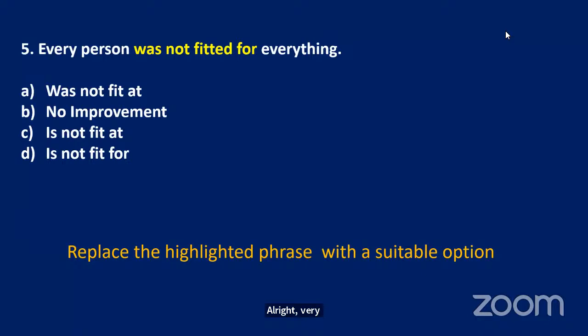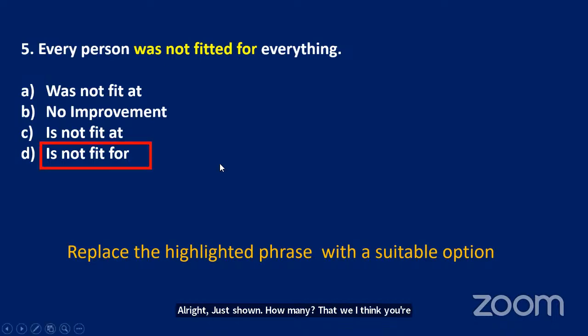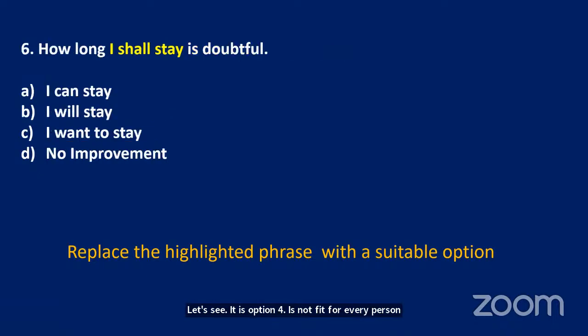Sai Vardhan, Swapna, Akhilesh, Shashank, Navaneet, Gayatri, you're right. Almost all are giving me the answer. It is option 4: is not fit for. Every person is not fit for everything. All right.